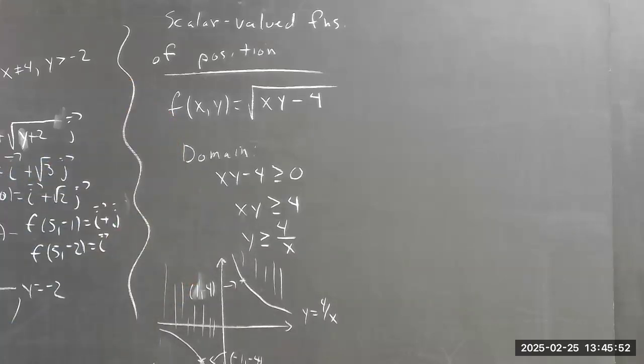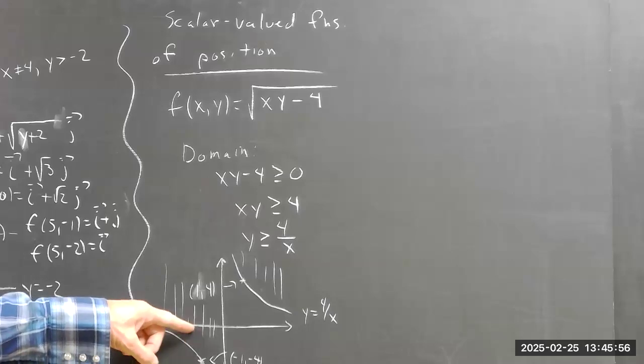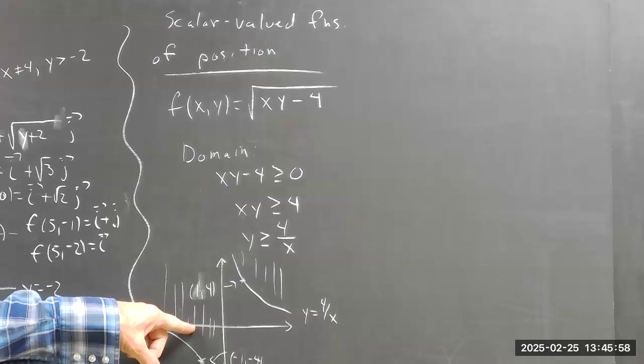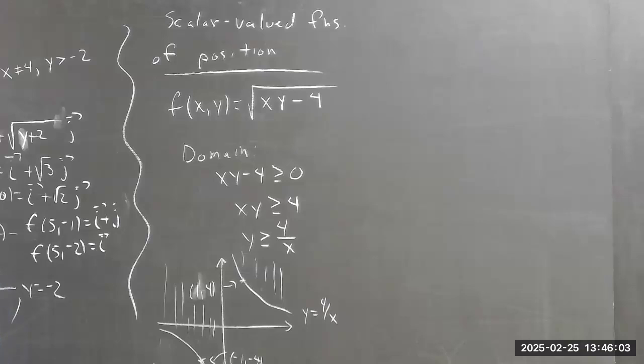Because clearly, y equals 0 would be part of what I shaded here, wouldn't it? And if y is 0, you've got the square root of negative 4.